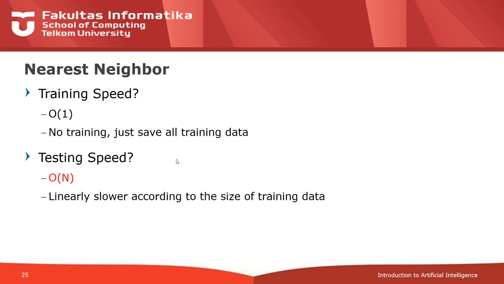And how about testing speed? The testing speed is linearly slower according to the size of training data. So the more training data you have, the slower the testing speed will be, by as many times as the training data.